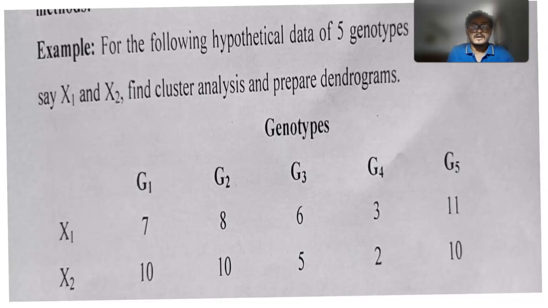We have to do the cluster analysis on the basis of Ward's minimum variance method, and also we have to prepare the dendrogram. These are the 5 genotypes: G1, G2, G3, G4 and G5. So we start with Ward's minimum variance method.